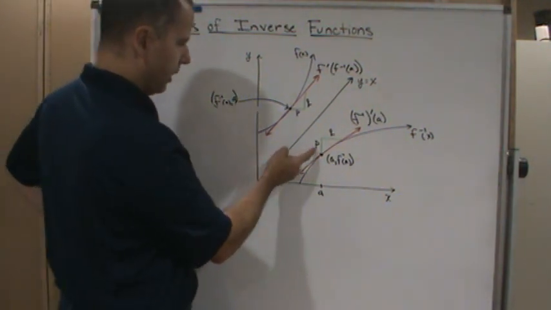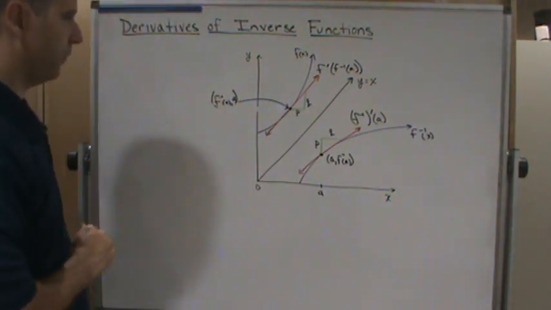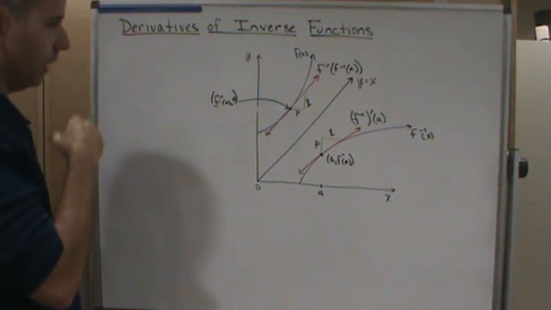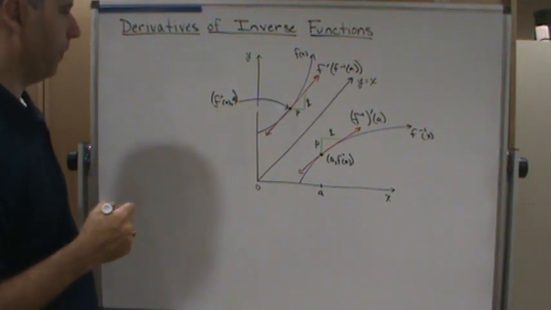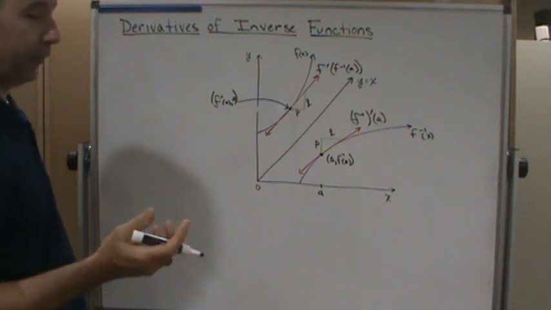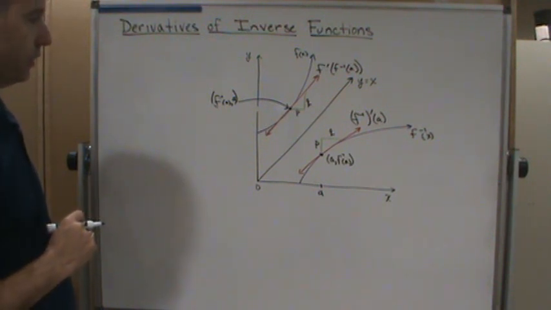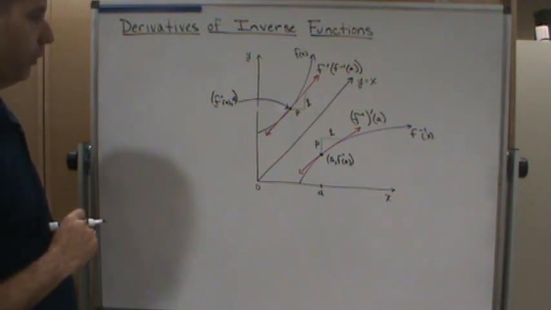Notice how this also inverts as you reflect across y equals x. So it's reasonable to believe that the derivatives will also be inverses of each other, or invertible.